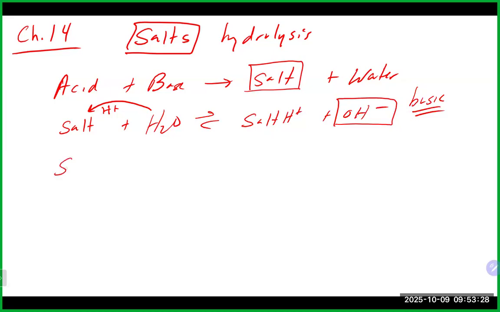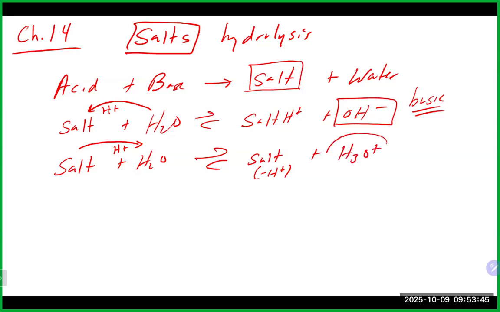We also could have a situation where the salt will send the H plus over. And the result is our salt will be minus an H plus, and we will end up with H3O plus, which means it will be an acidic solution as well.